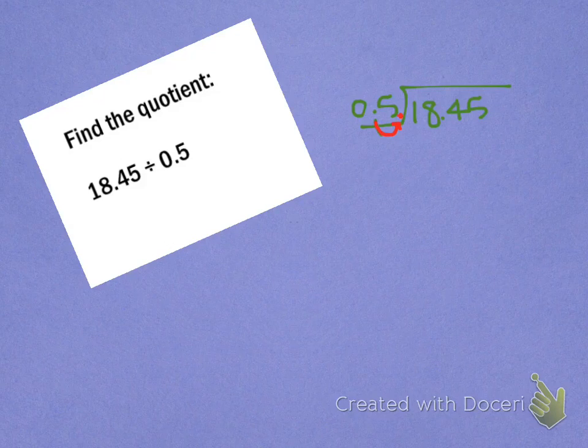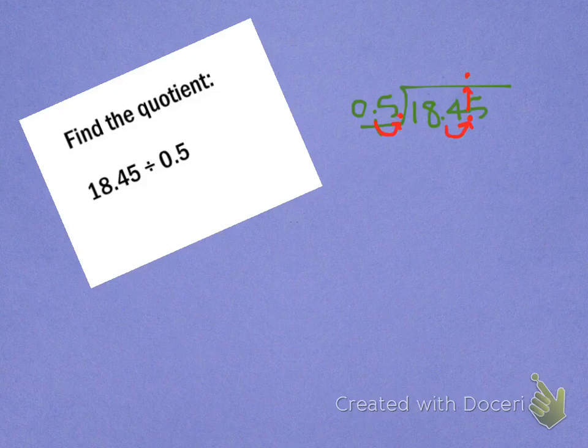So I move it over one time, and that makes it into a 5. What I do to the divisor, I do to the dividend. So I move this decimal over one time as well, so it's in between the 4 and the 5 now, and I bring it straight up into my quotient. And now I divide like normal.